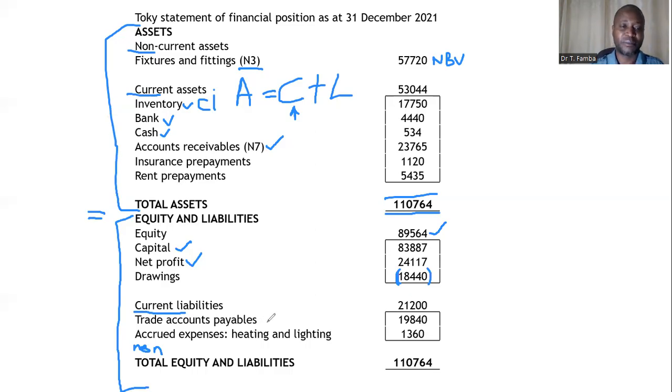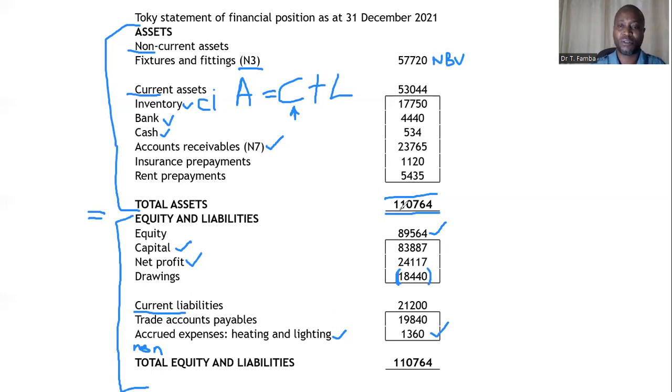The trade accounts payables and accrued expenses, heating and lighting. This is arising from the additional information where we are told that some expenses for heating and lighting have been accrued. So once they are accrued, it means that we have already incurred. So in order to match them to the trading period, we are supposed to make them an expense, and then we bring them as a current liability.